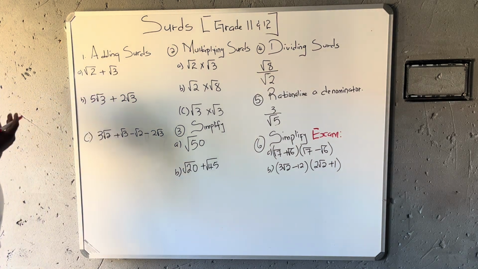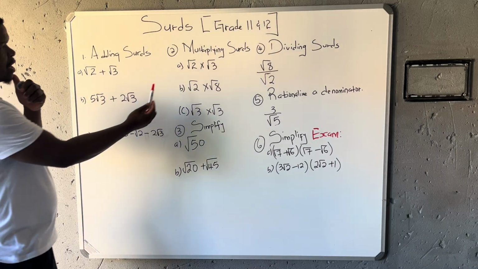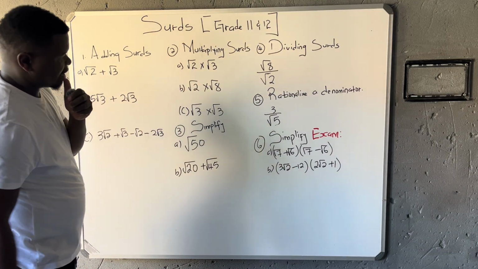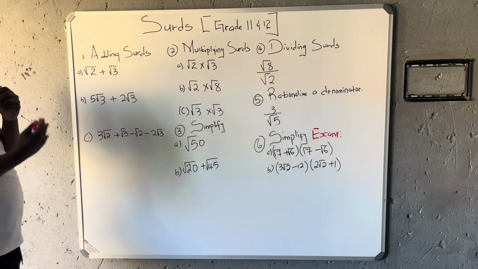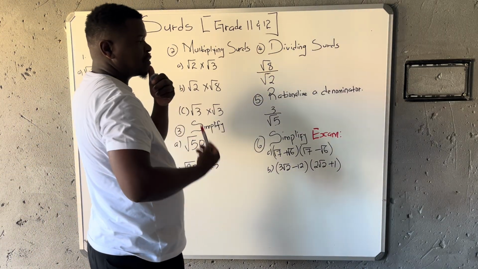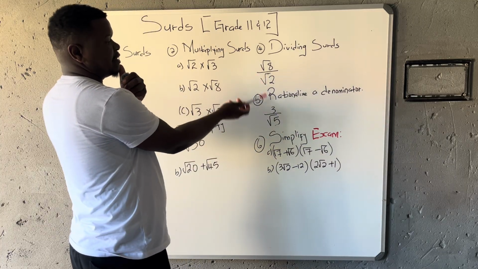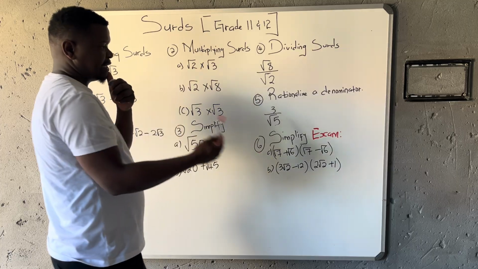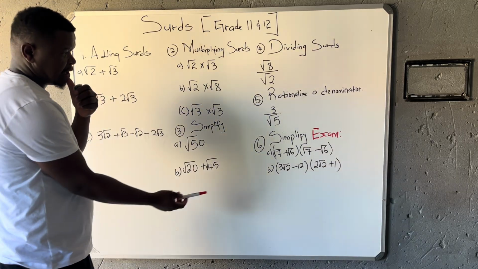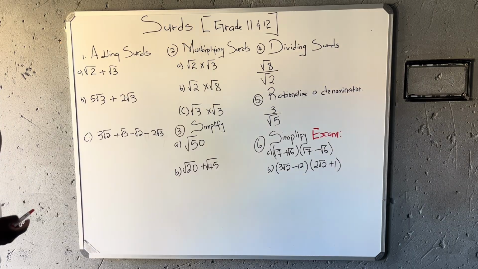We need to know what is happening actually when we add sets, and then when you're multiplying the sets, I also accommodate part where we simplify the sets. When we divide the sets, which is basically almost the same as when we rationalize the denominator. As you can see, they are in a fraction form. These two, they interlink. Then the last part, I'm going to try to do the exam part. How do they ask questions in examination?